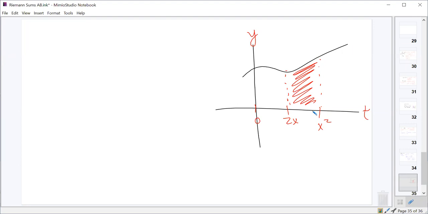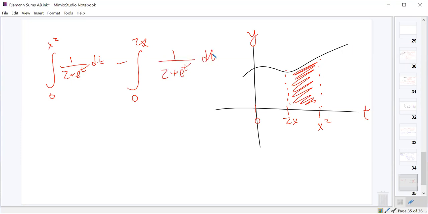So we could have said this could equal the integral from 0 to x squared of 1 over 2 plus e to the t dt minus the integral from 0 to 2x of 1 over 2 plus e to the t dt. And so it would be 0 to x squared minus 0 to 2x, and that would give us this section between 2x to x squared. Does everybody see that?